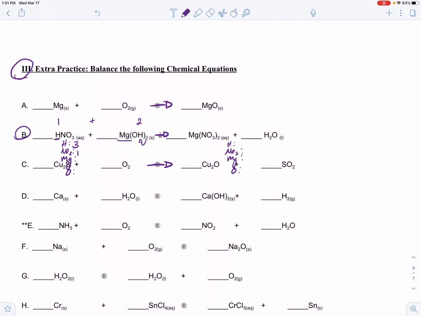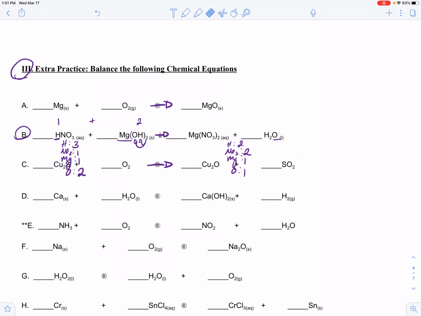And I have 1 magnesium. And I have, again, this 2 distributes. It means I have 2 OHs. So I have 2 oxygen that are not part of NO3. All right, so that's my tally system. On the right side, I'll count them up. I have 2 hydrogen. I have a 2 out here, which means I have 2 NO3s. I have 1 magnesium, and I have 1 oxygen that's not part of NO3.